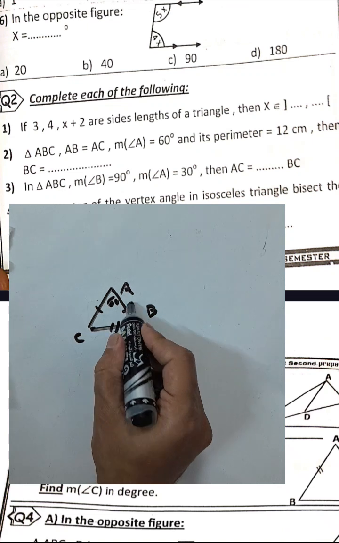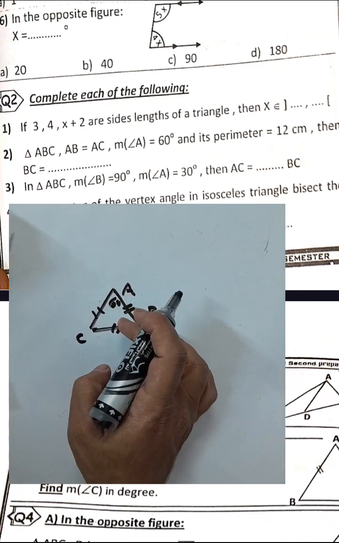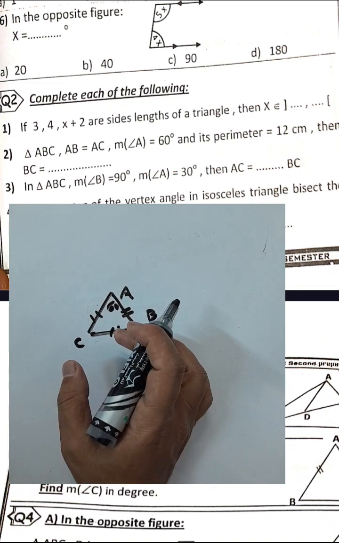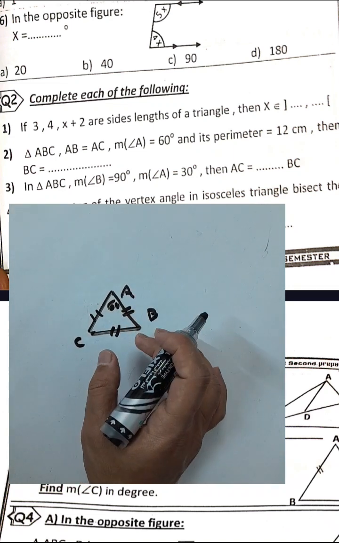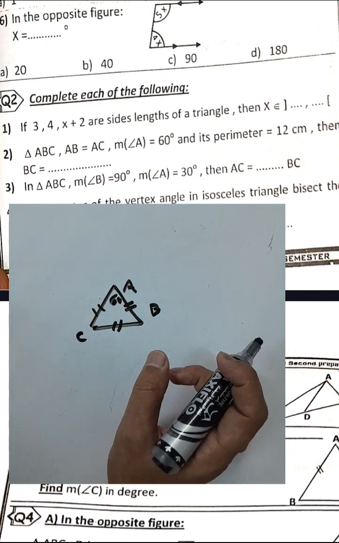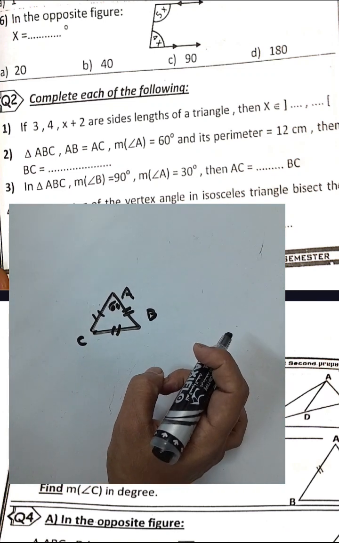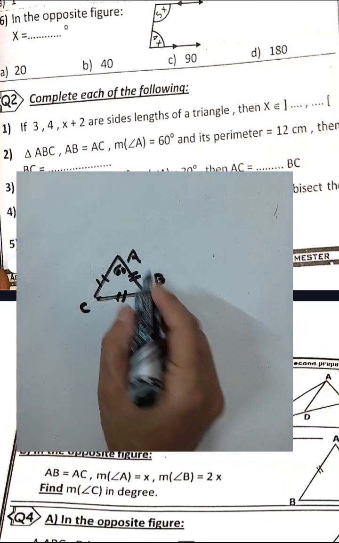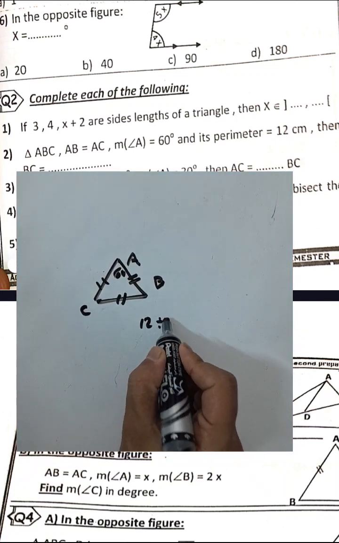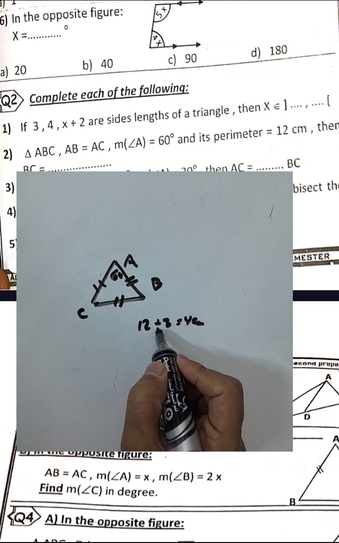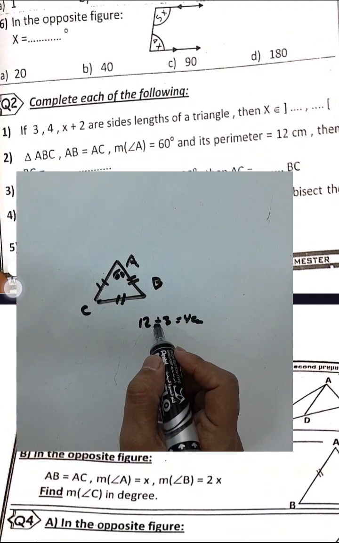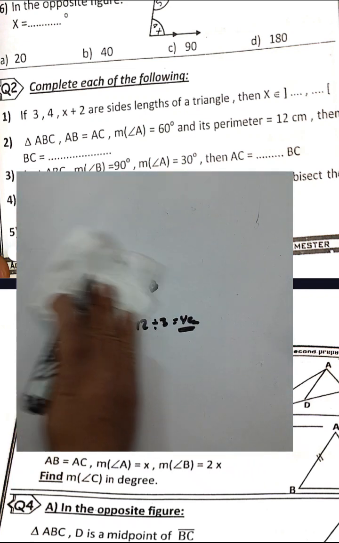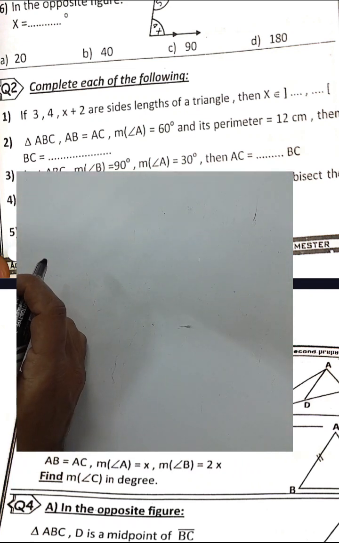Then it will be an equilateral triangle, because if an isosceles triangle has an angle measuring 60 degrees, it becomes equilateral. The perimeter of this triangle is 12, so 12 divided by 3 equals 4 centimeters. Then any side length will be 4 centimeters. Write 4 centimeters here.